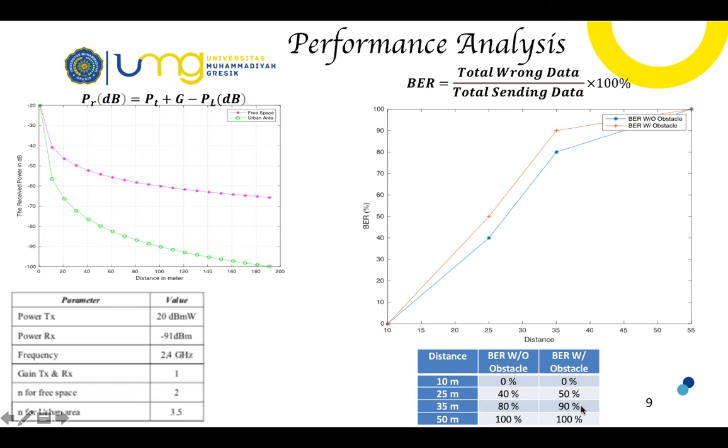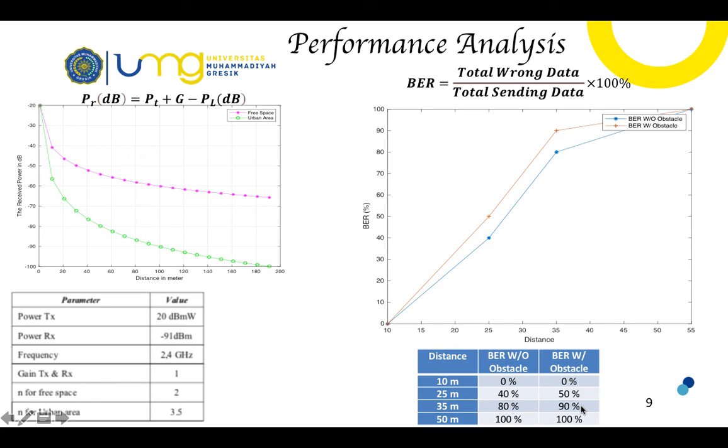As we can see, the graph shows the purple color for free space, and the green color for urban area.